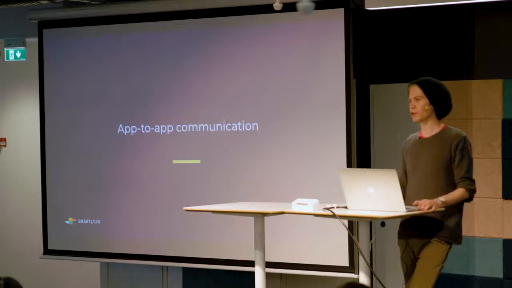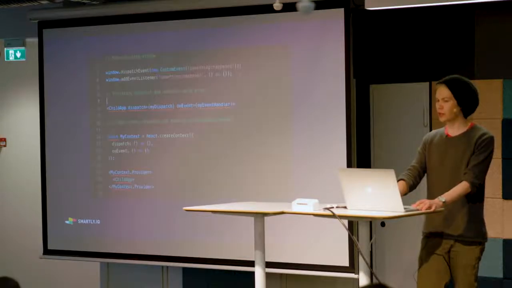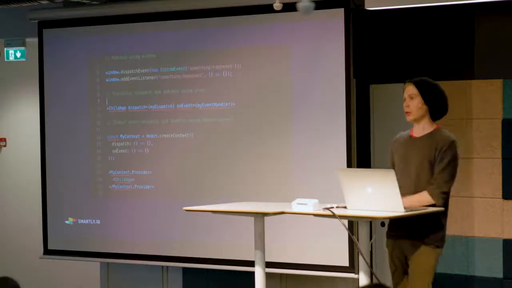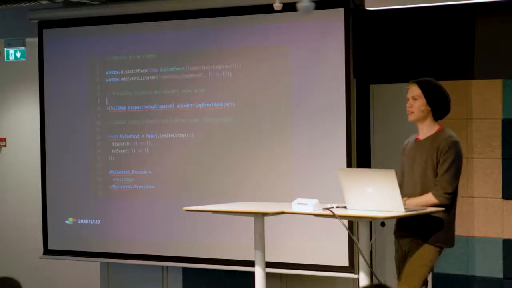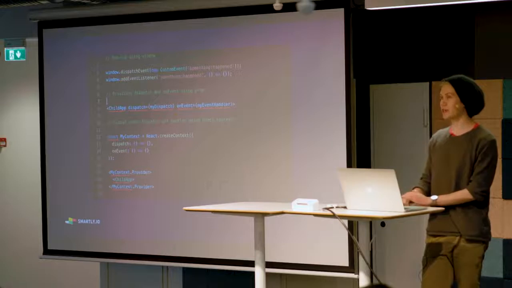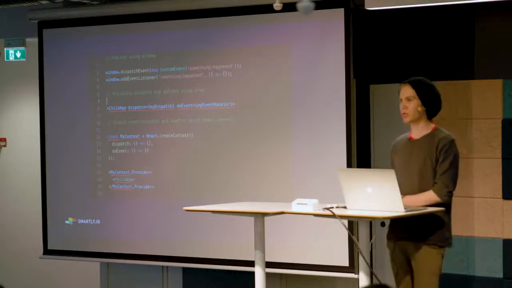As for the third point of app-to-app communication, depending on your project and your needs, there are, of course, multiple ways to achieve that. You could, for example, hook into the normal DOM window dispatch event and event listener methods, or you could pass in custom dispatch methods as component props to the child applications.